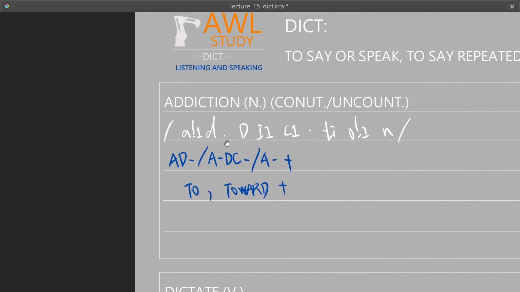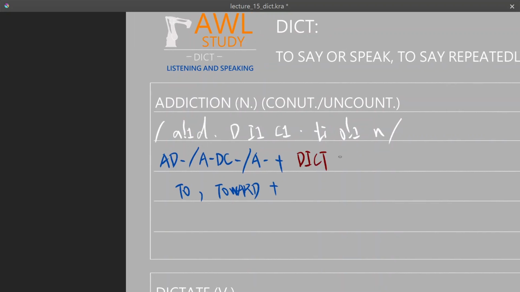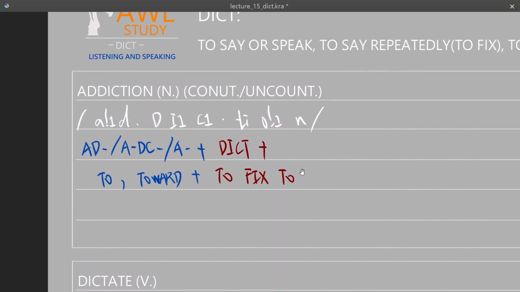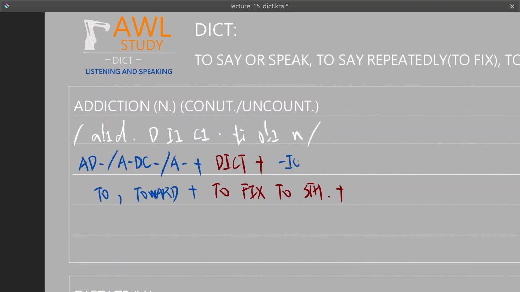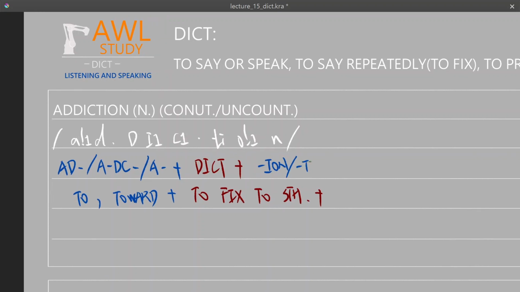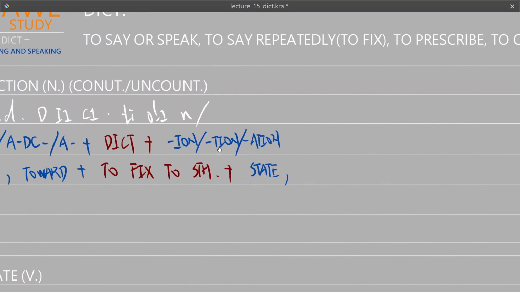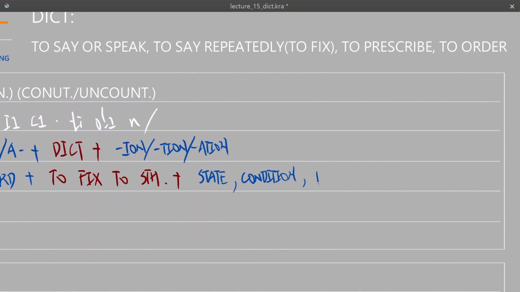Cool. And we have the root dict, meaning to fix to something. And lastly, we have the noun suffix ion, or tion, or ation, meaning state, condition, process, or result.